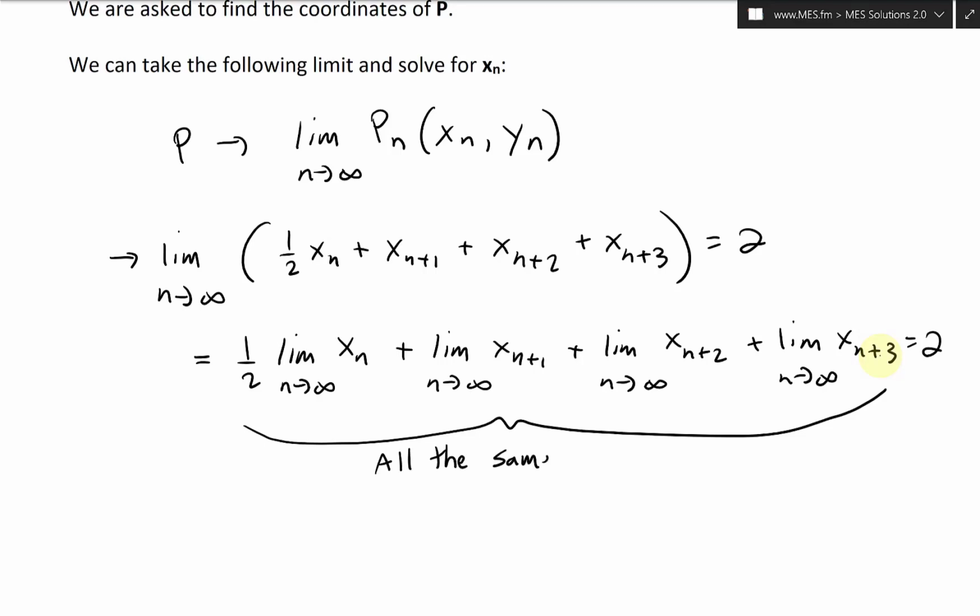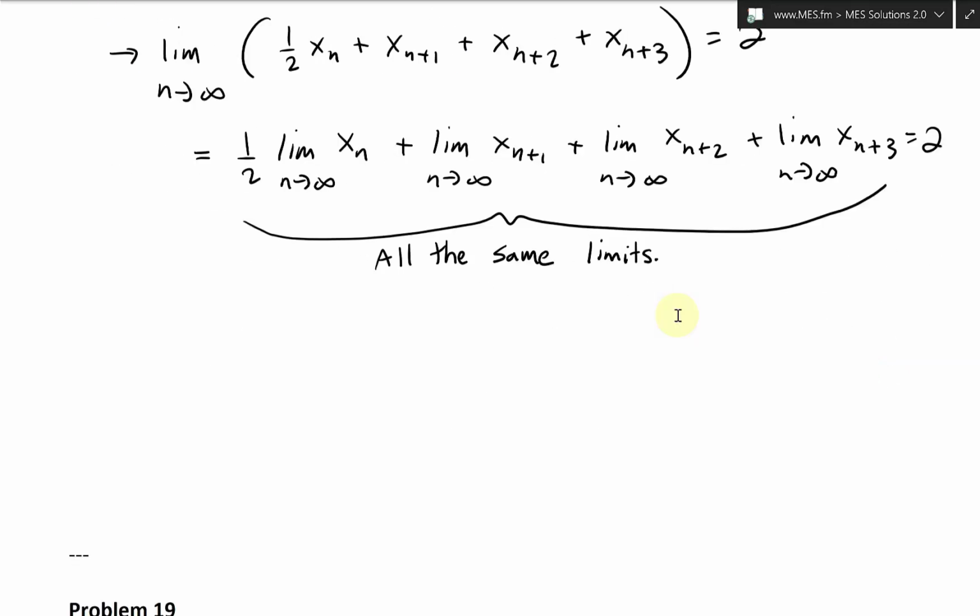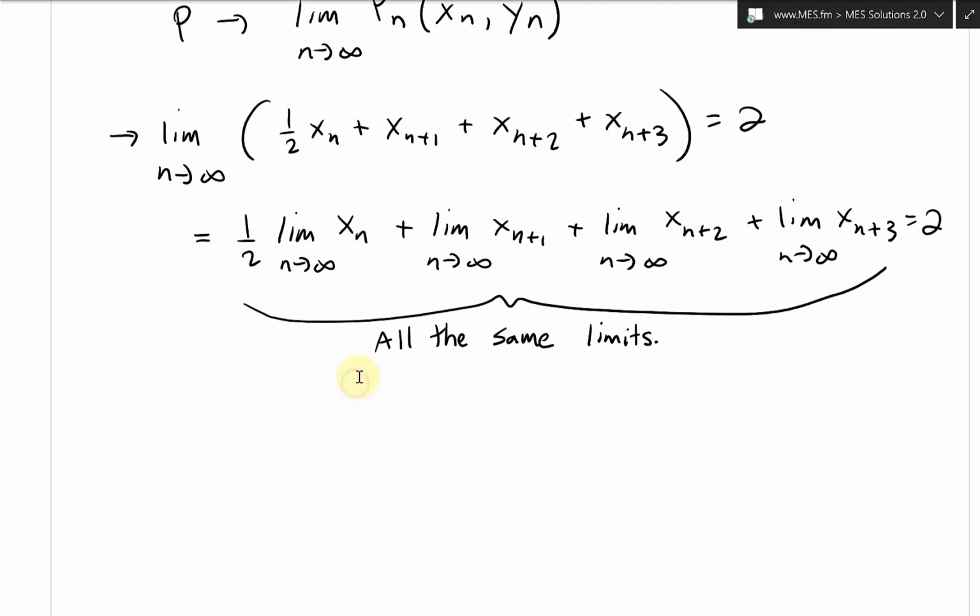This means we can factor out the limit of xn from all of them.